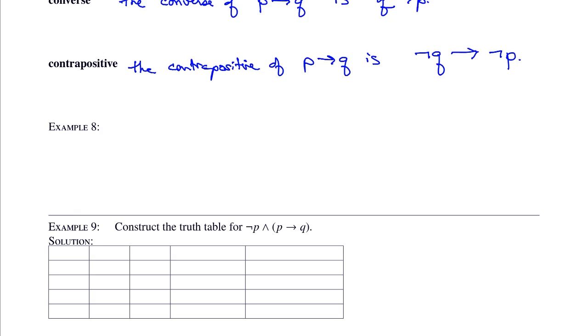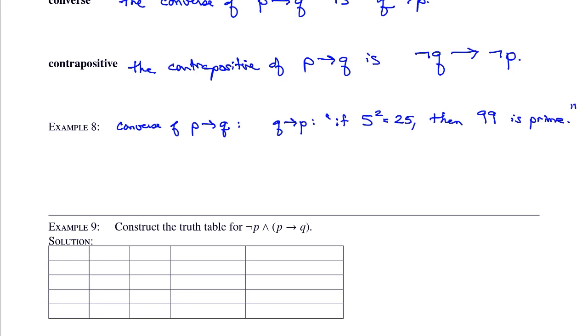Let's write out the converse of that last statement, which was if P then Q. So the converse of if P then Q is if Q then P. Which would be if 5 squared equals 25, then 99 is prime. Is that true or false? That is false.